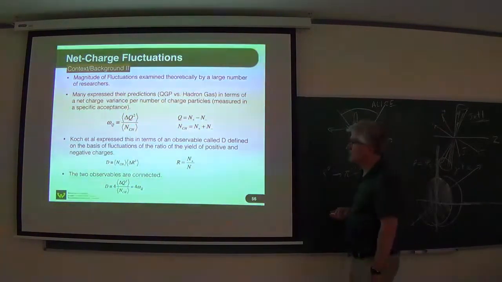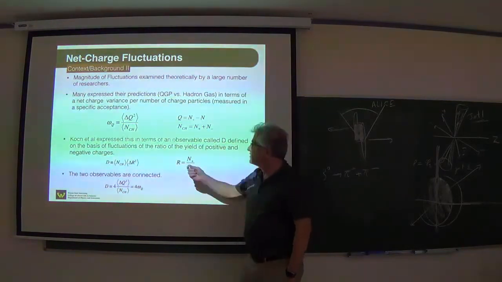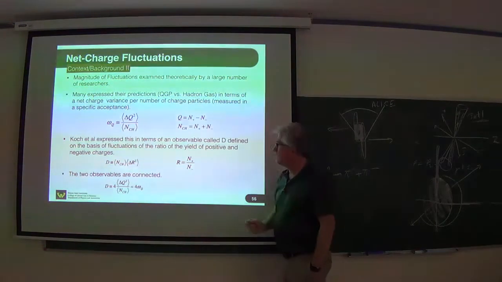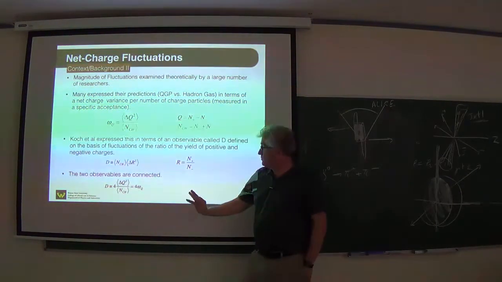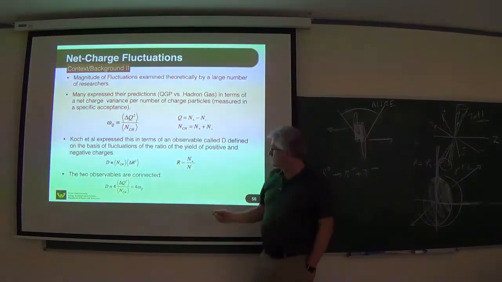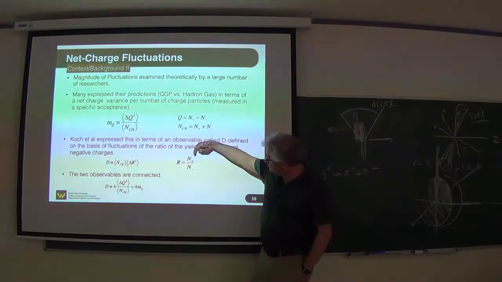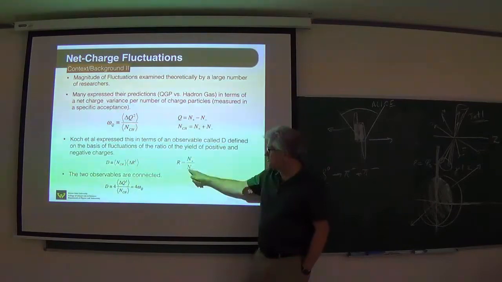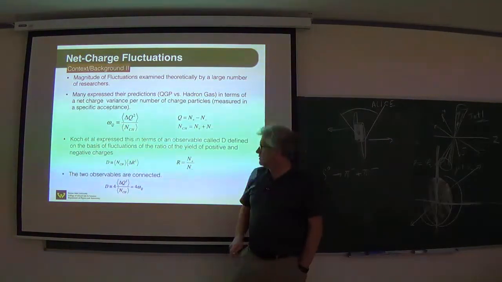In practice, there were two schools of thought. One was to measure this quantity here directly, and I apologize for using R, but this was the notation used in the original paper. R being the ratio of the number of pluses to the number of minuses, taking the variance of this ratio and multiplying with the multiplicity.